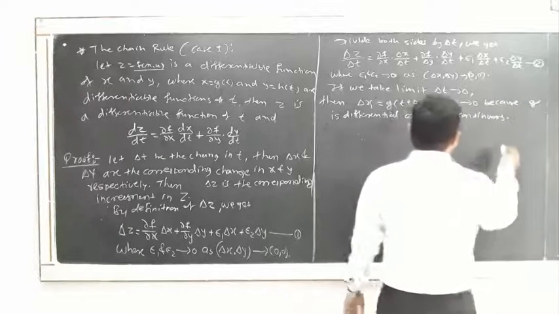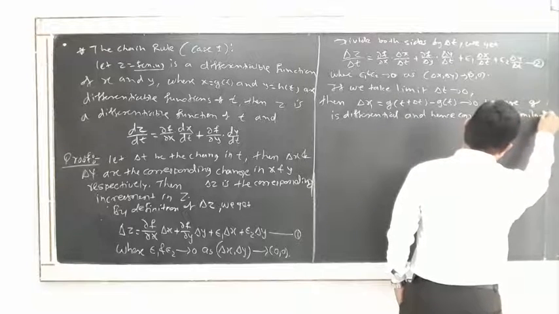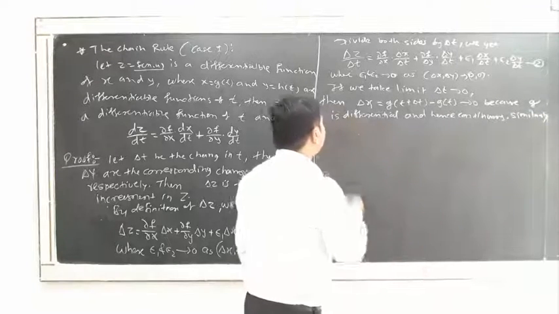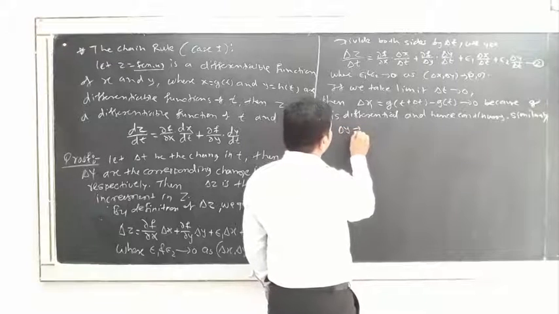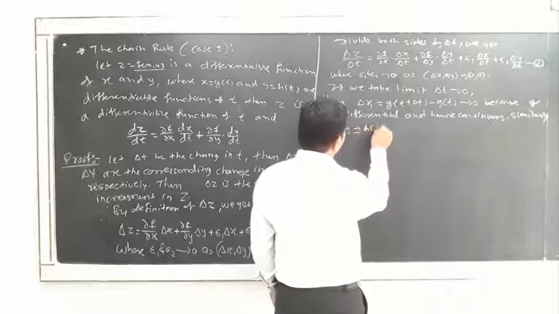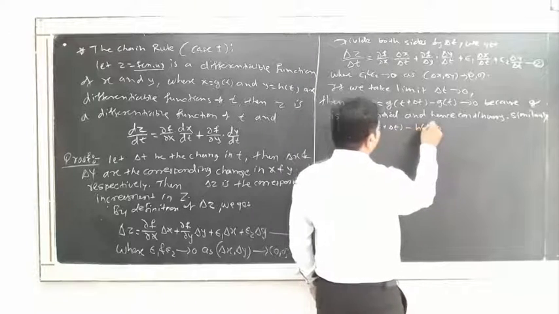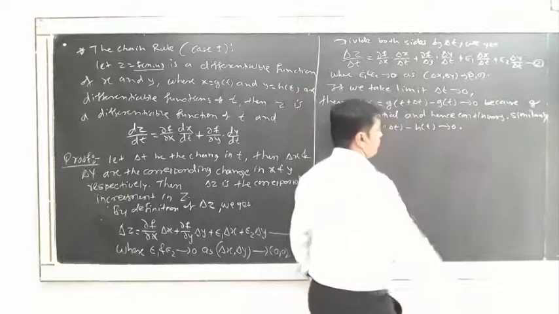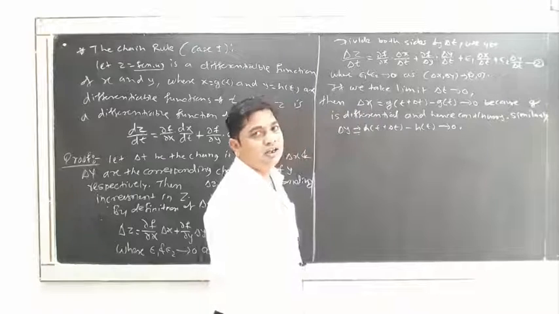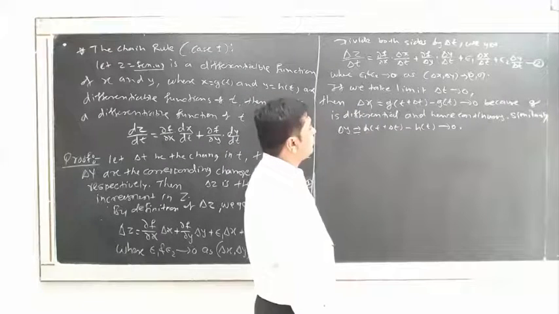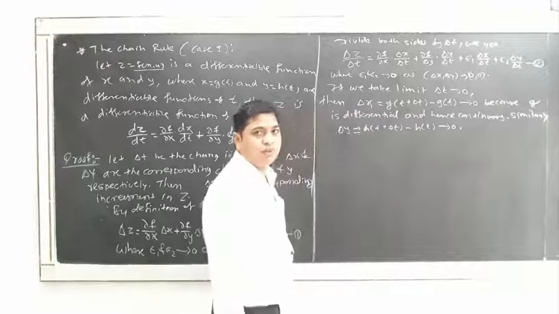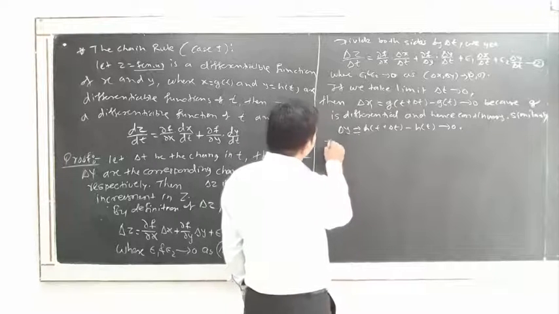Similarly, delta y, which is h of t plus delta t minus h of t, tends to 0, because h is differentiable and hence continuous.